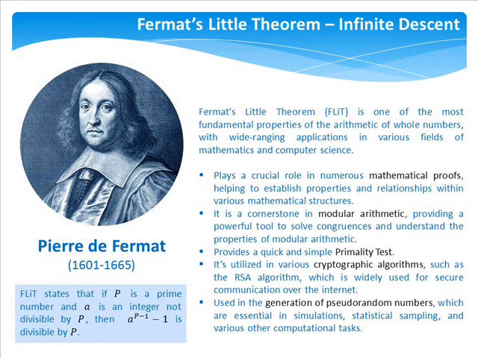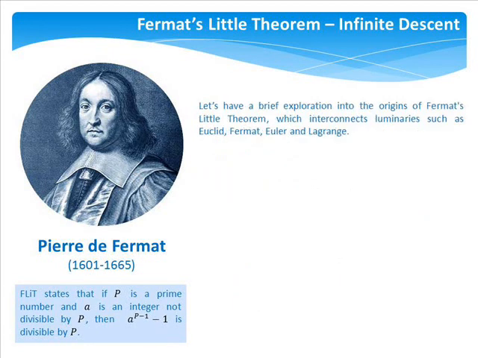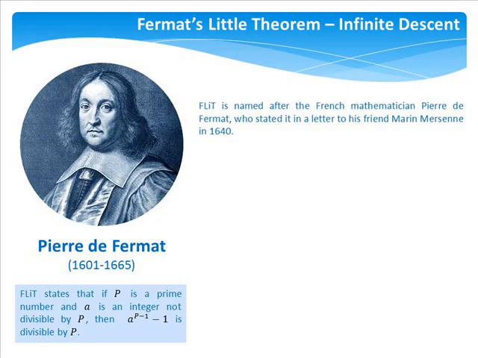As an intro, before offering a proof, let's have a brief exploration into the origins of Fermat's little theorem, which interconnects luminaries such as Euclid, Fermat, Euler, and Lagrange. Fermat's little theorem is named after the French mathematician Pierre de Fermat, who stated it in a letter to his friend Marin Mersenne in 1640.